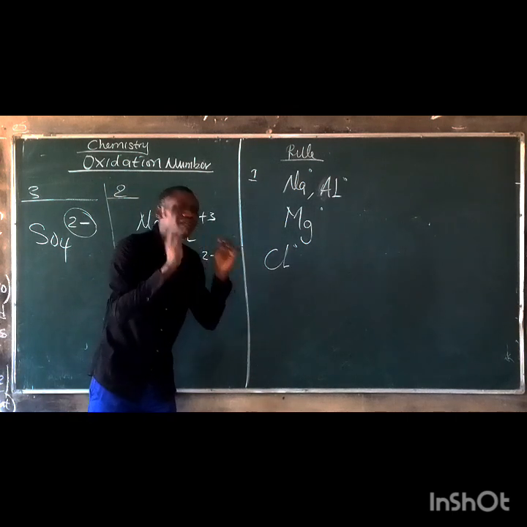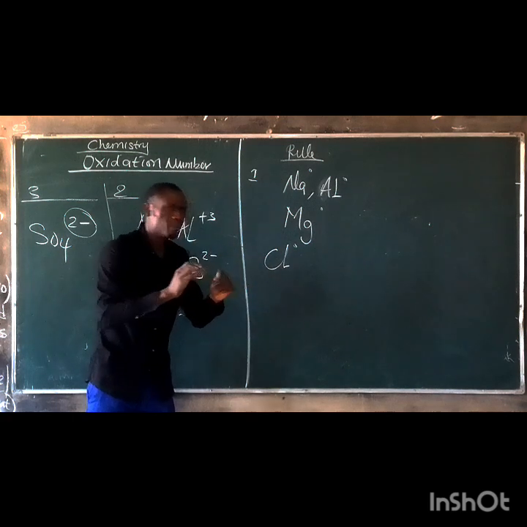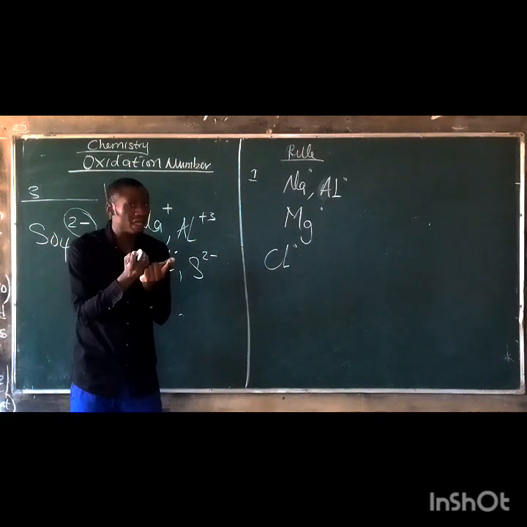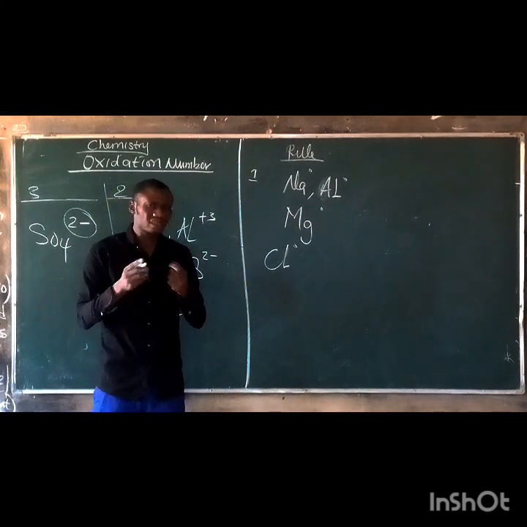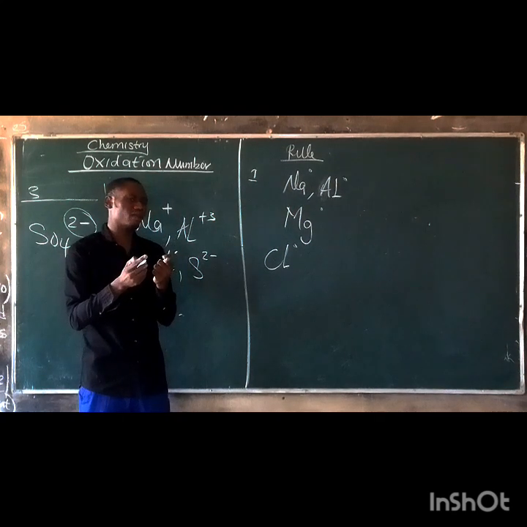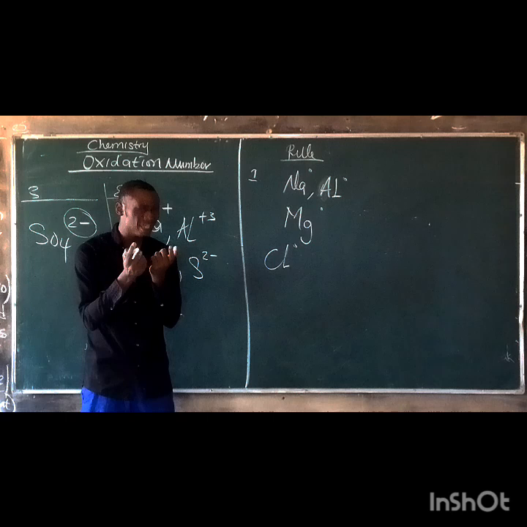For the polyatomic ion, all of them together, their overall charge is collectively for all the atoms of elements involved in that polyatomic combination.